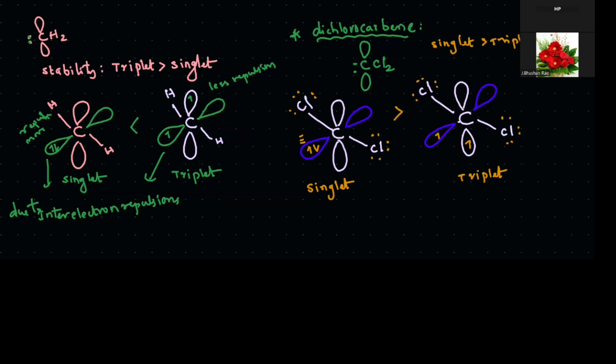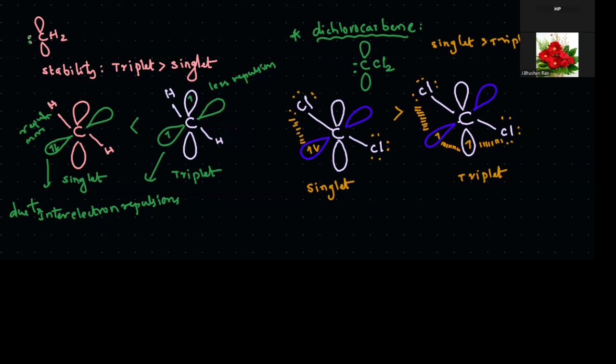But in the triplet, this chlorine repels with one unpaired electron, and another chlorine also repels with the other unpaired electron. So repulsions increase more in triplet compared to singlet dichlorocarbene. So that's why singlet dichlorocarbene is more stable than the triplet dichlorocarbene.